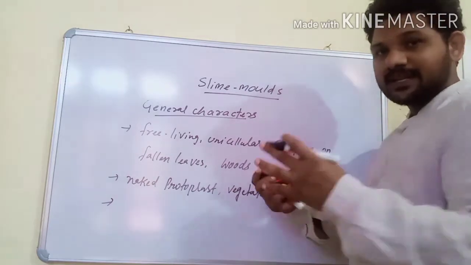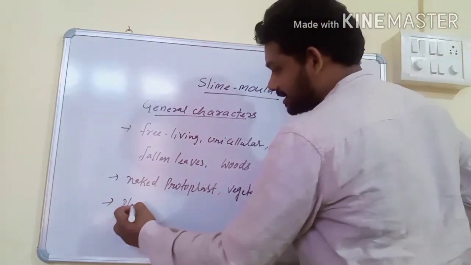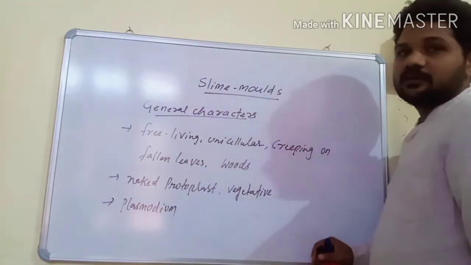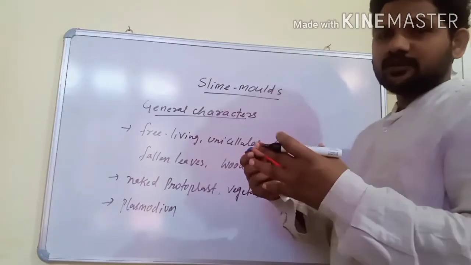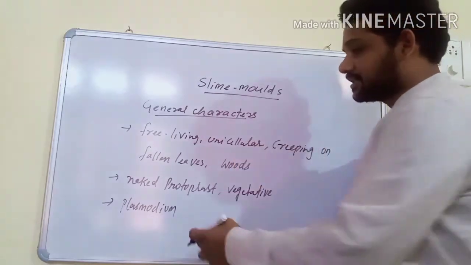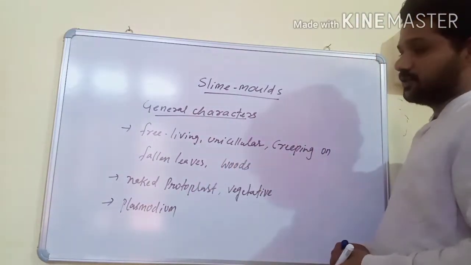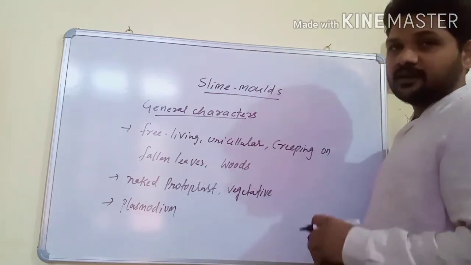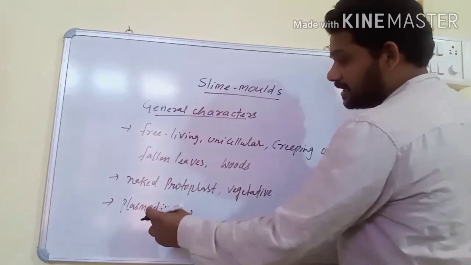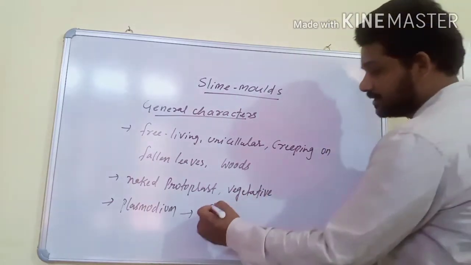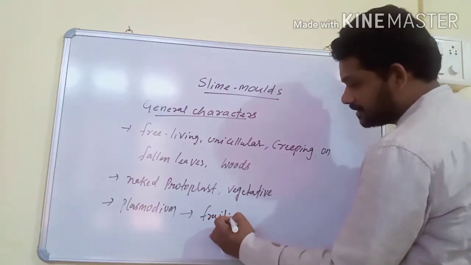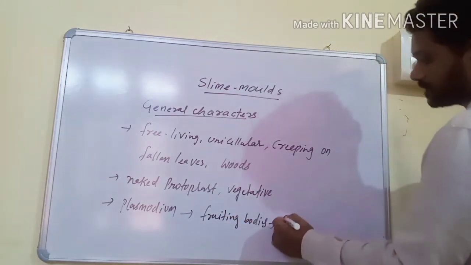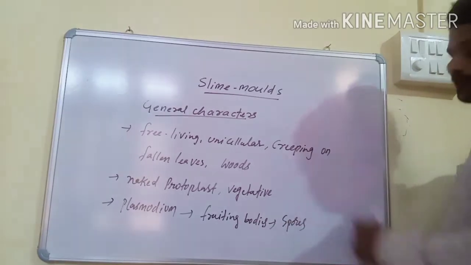A large number of unicells aggregate to form an aggregation known as plasmodium. Under favorable conditions the plasmodium can grow up to 1 foot. During unfavorable conditions, the plasmodium differentiates into fruiting bodies, which produce spores.